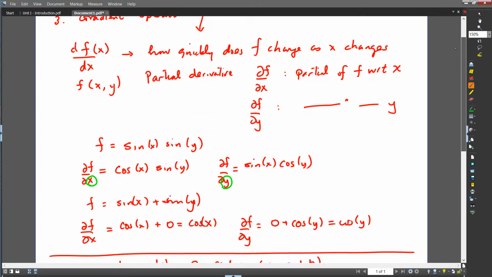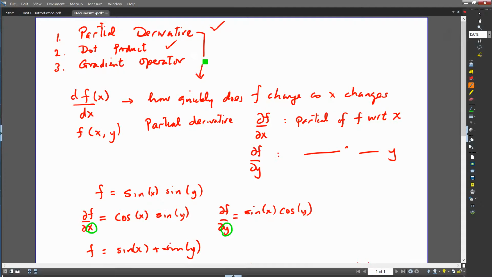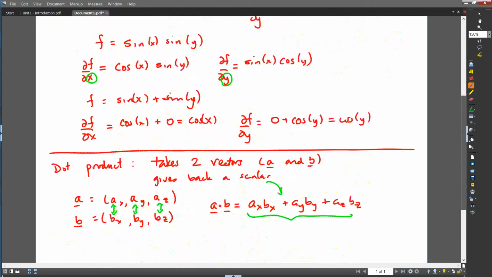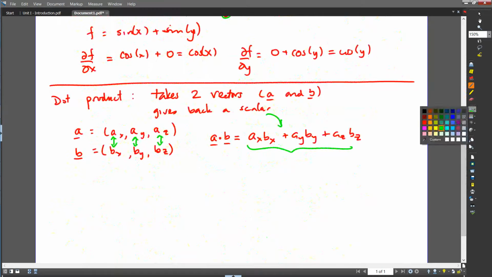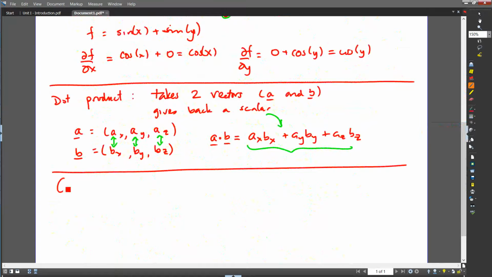So we can check that guy off, dot product, and let's now go on to talk about the gradient operator. So the gradient operator is the extension of the derivative, oh my goodness, I was supposed to say derivative, sorry about that.